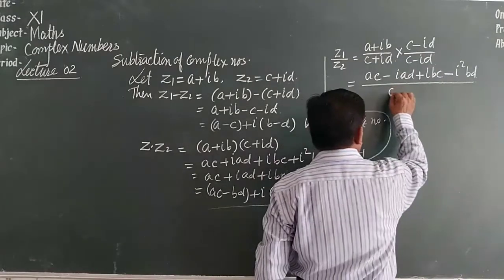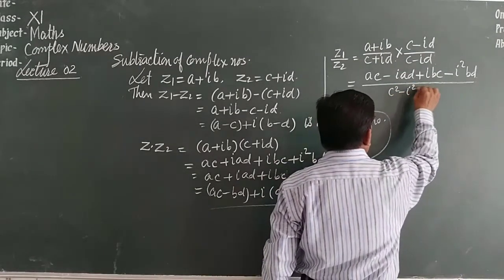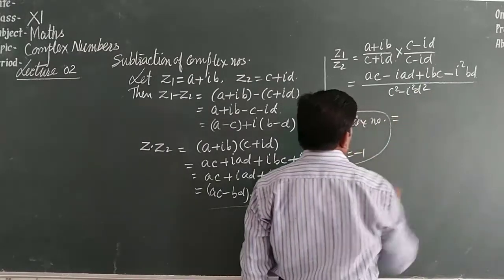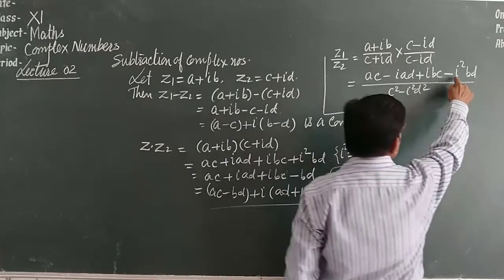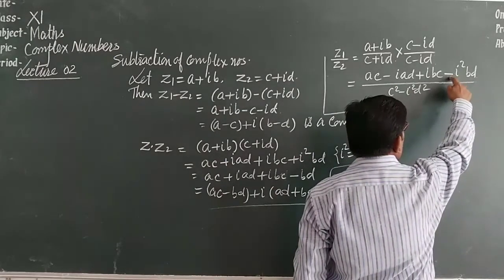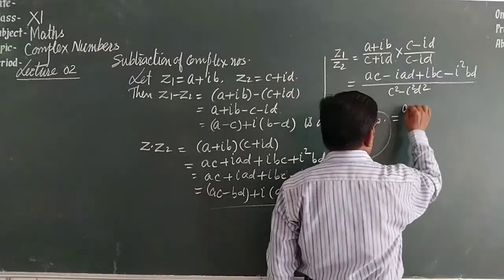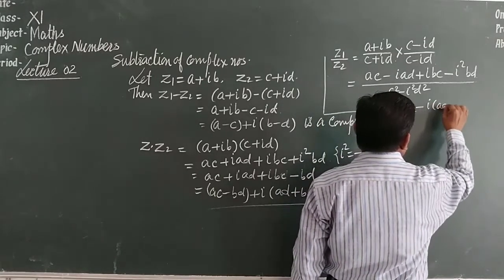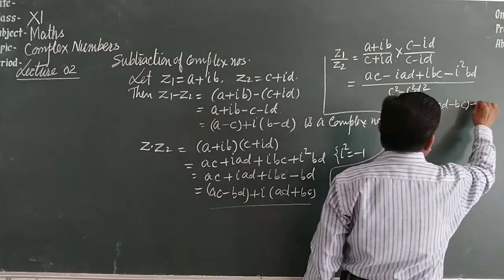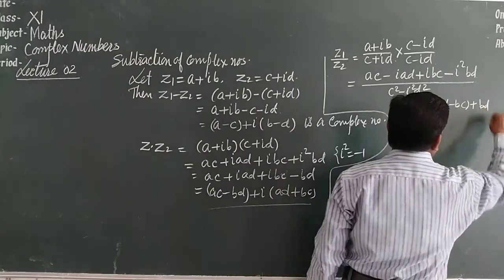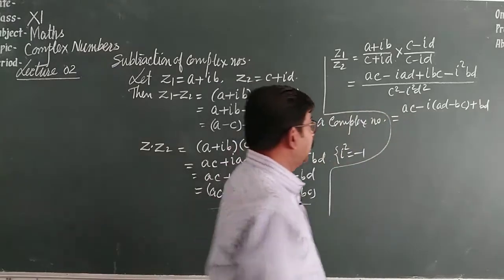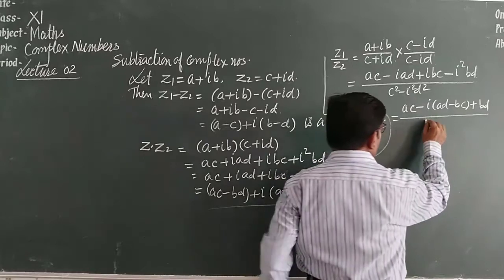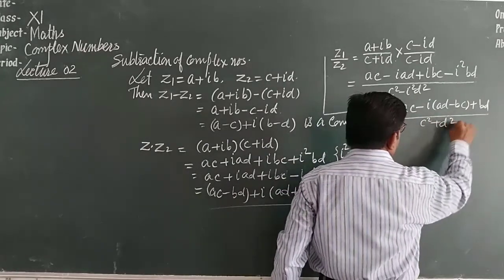So we can write c square minus i square d square. Let's see the result. What happens? I square is equal to minus 1, so it becomes plus. So ac minus i common here, ad minus bc plus bd upon, here i square is equal to minus 1, so we have c square plus d square.